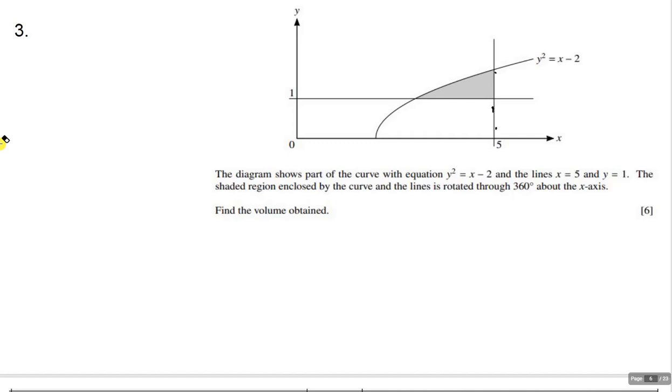And the way we do that is we integrate, we're going to multiply by pi, we integrate, and then instead of integrating y, we integrate y squared in terms of x, okay? Now, you might be thinking, why'd they make this y squared? Quite honestly, because they're trying to help you out. I want to integrate y squared. Well, they're telling you y squared is equal to x minus 2. They're basically trying to help you out.